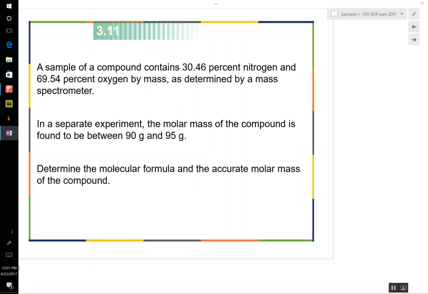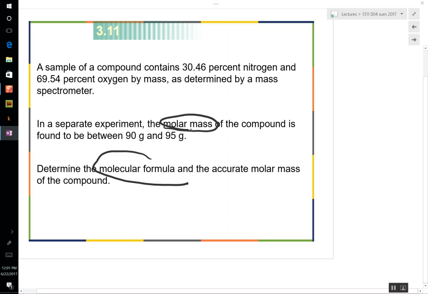You get the empirical formula and you would decide what does that weigh? What would be the molar mass of that if that was the molecular formula? And if it doesn't agree with the molecular weight, let's see. Oh, okay, here the molar mass is between 90 and 95 grams.